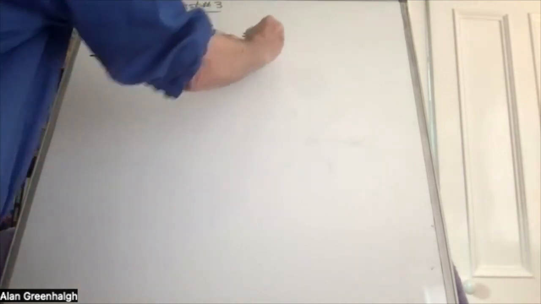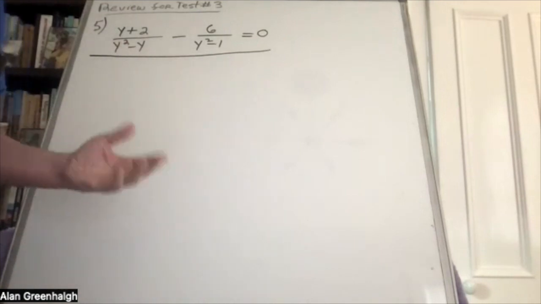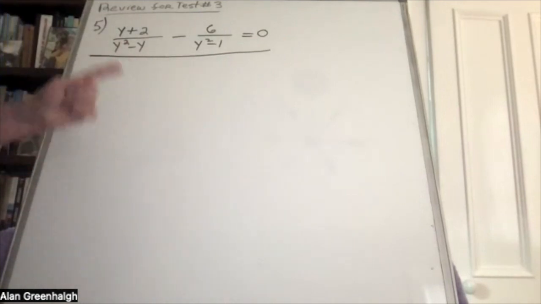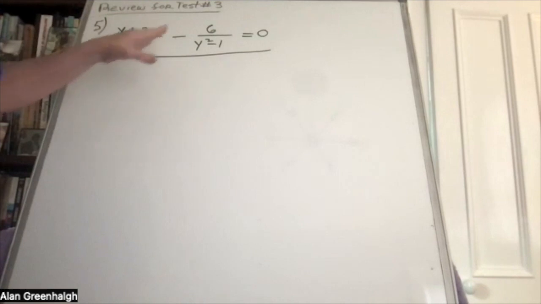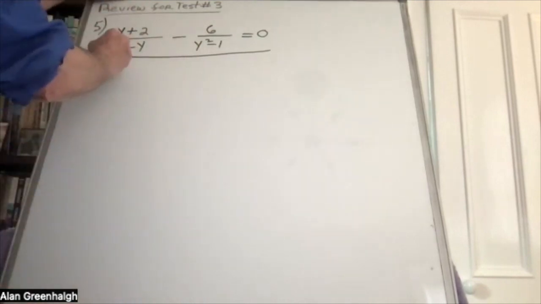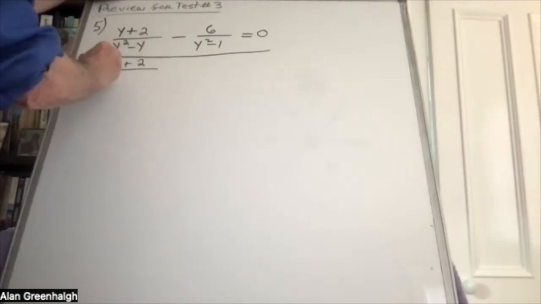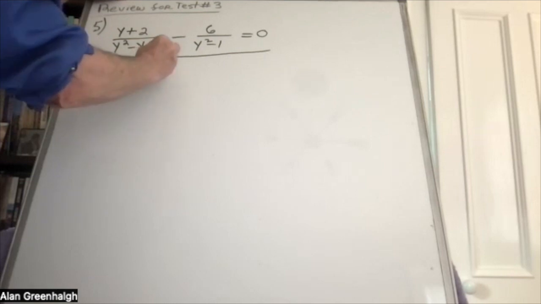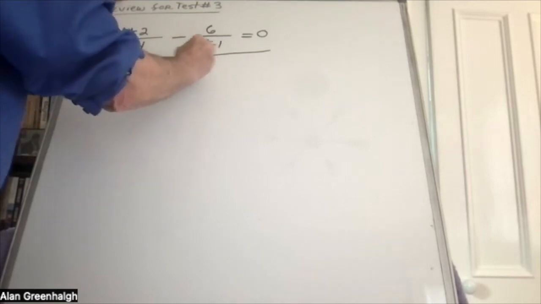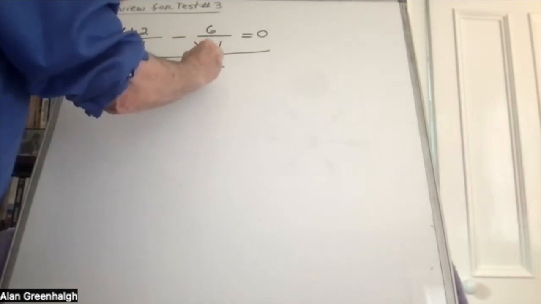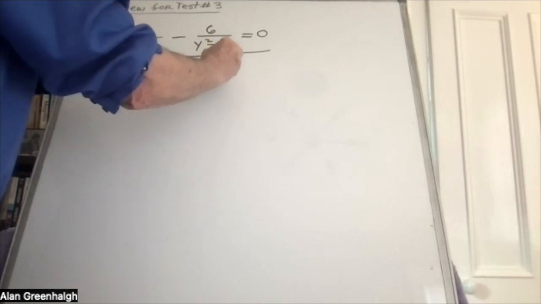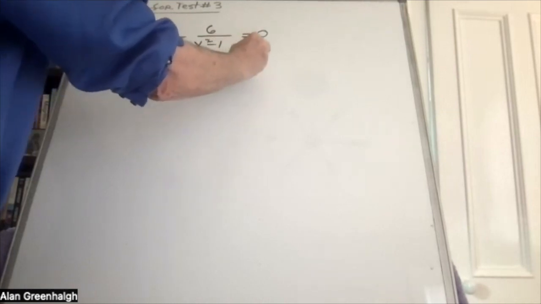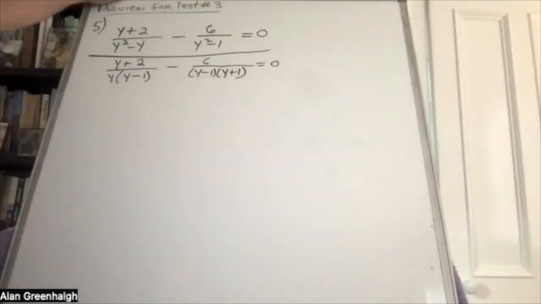Step 1, factor everything. The first step is always to look at this type of problem and factor it. So we write the original numerator and we factor: y times (y minus 1) minus 6 over (y minus 1)(y plus 1) equals 0.